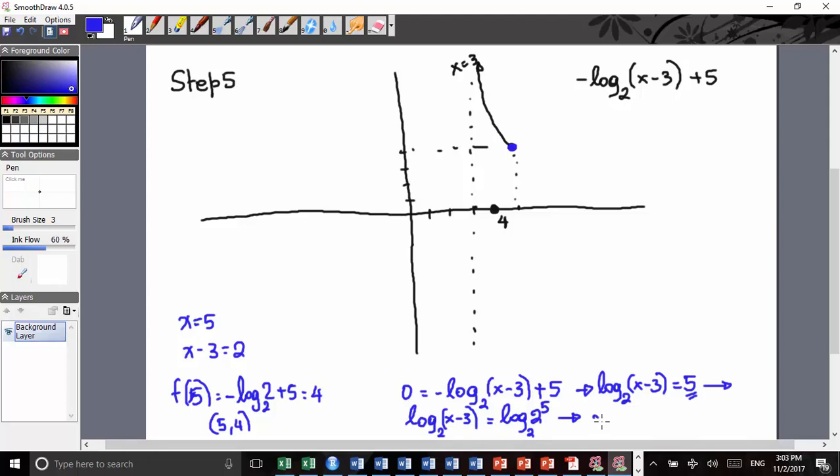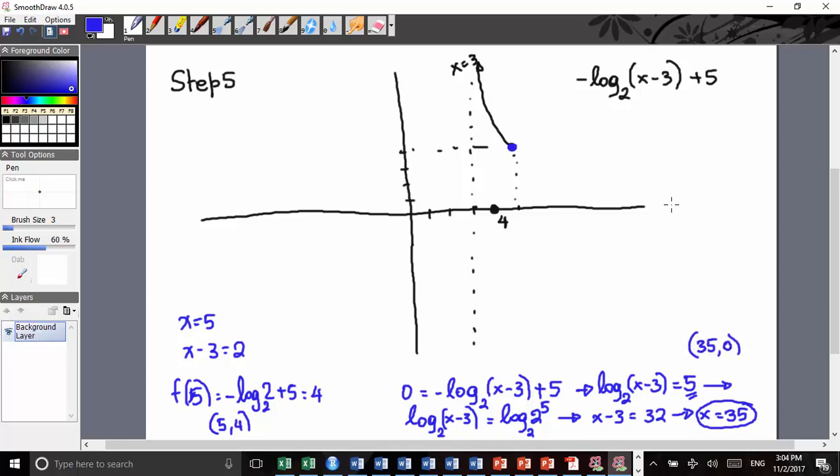And this gives me that x minus 3 is equal to 32. That is 2 to the 5th. And this means that x is equal to 35. So the x-intercept that I get is the point (35, 0).